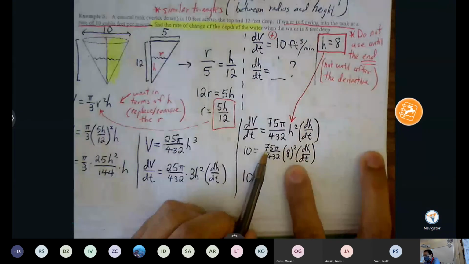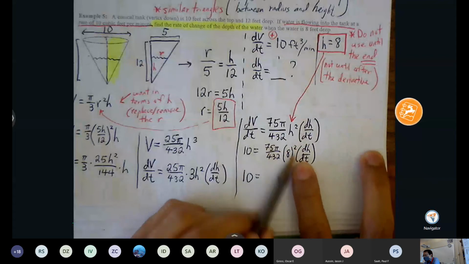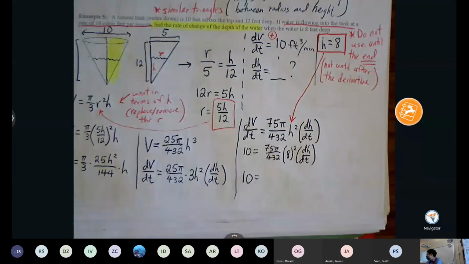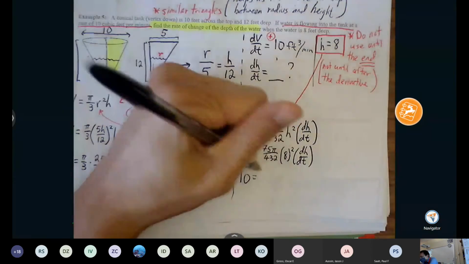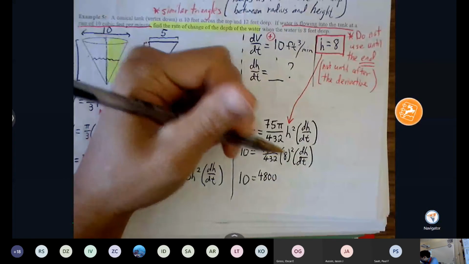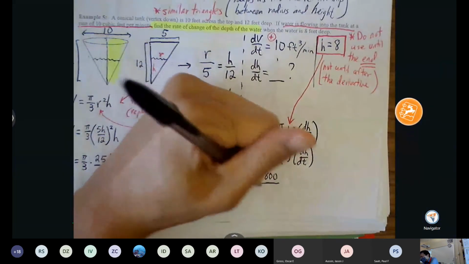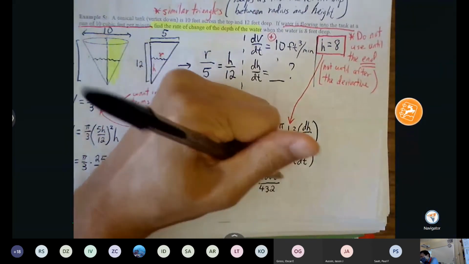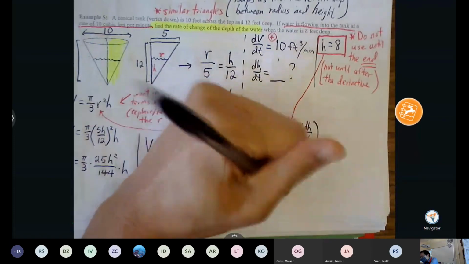If I plug in the calculator, 75 times 64 over 432, I think that cleans up to be a nice fraction. Or does it? Let's see. 4,800.